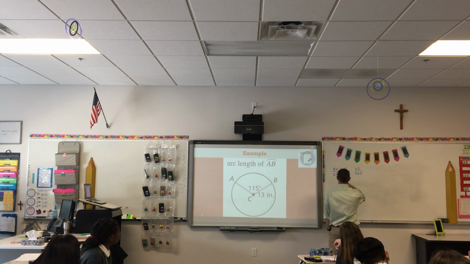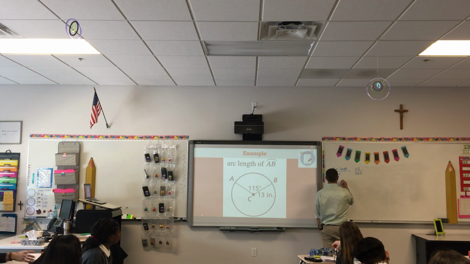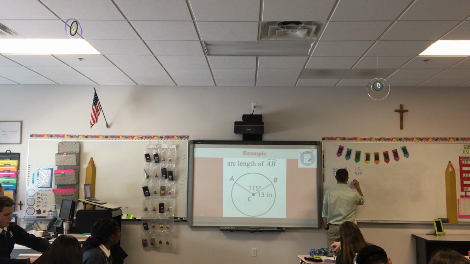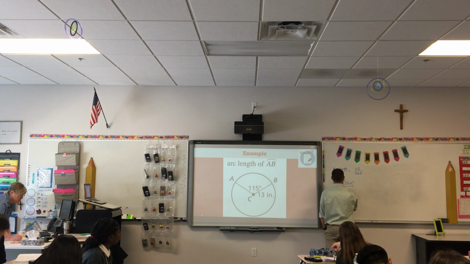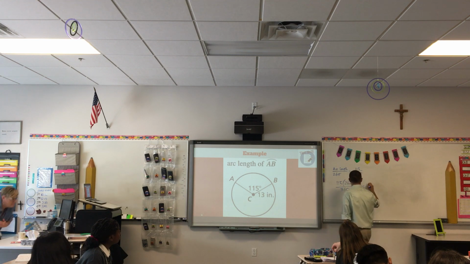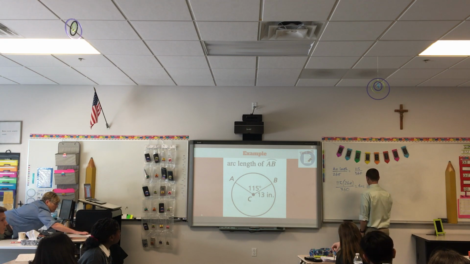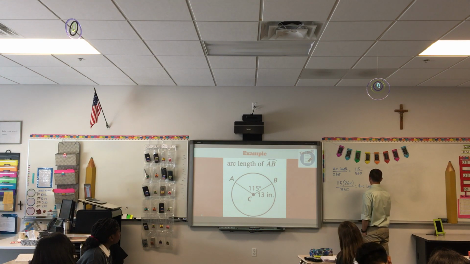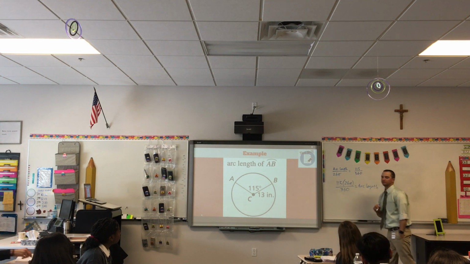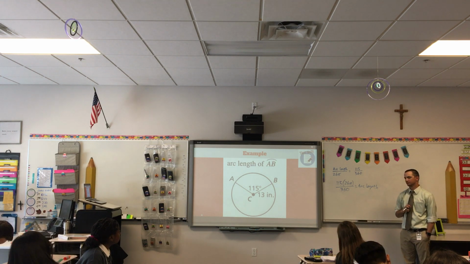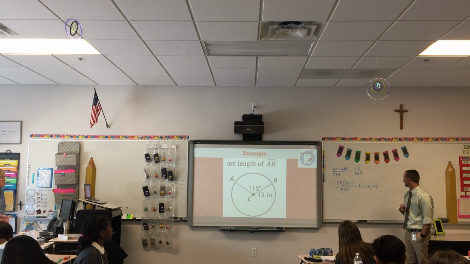Now we cross multiply, so we get 115 times 26 pi divided by 360. That does not go down easily.